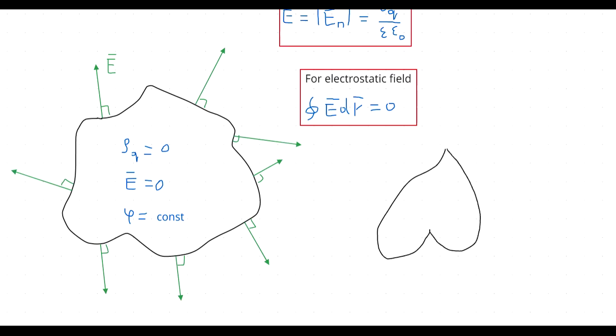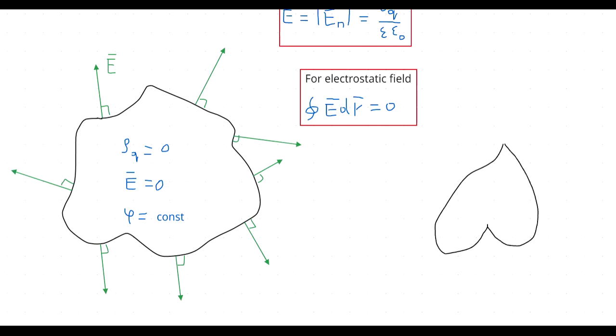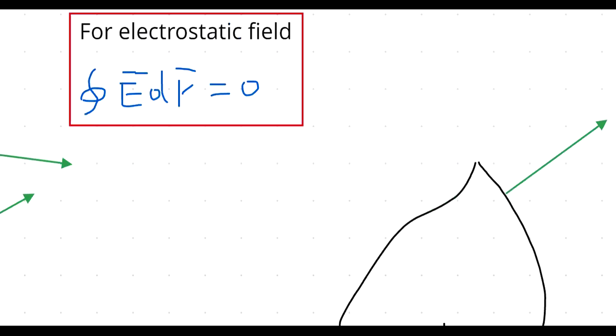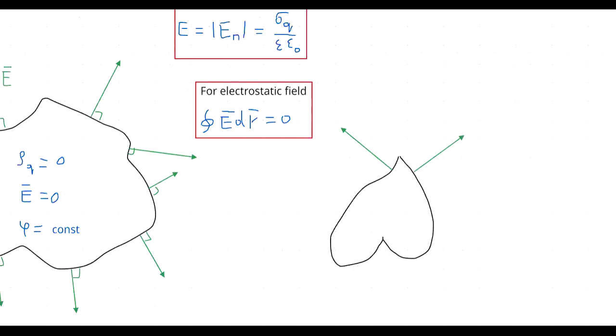Okay, what do we have in this case? According to our previous conclusions, electrostatic field is perpendicular to the surface of conductor, and here we have this situation, because electric field intensity vector is perpendicular to the surface of conductor.